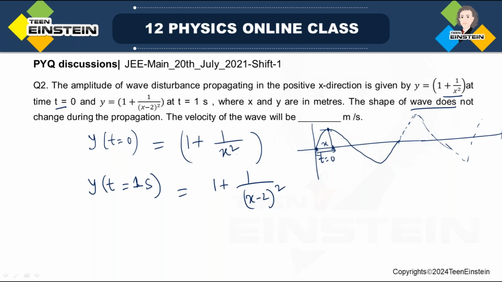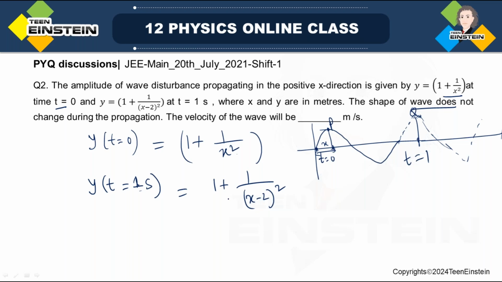This point will be ahead by phase. Suppose this is the P point and this is the Q point at t is equal to 1, then the Q point will be behind by phase.